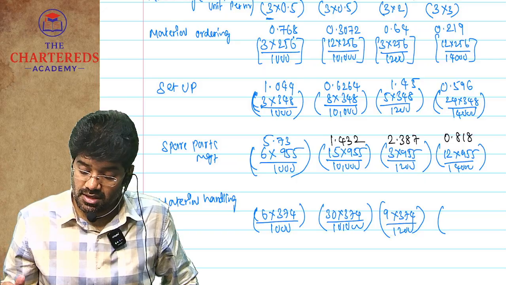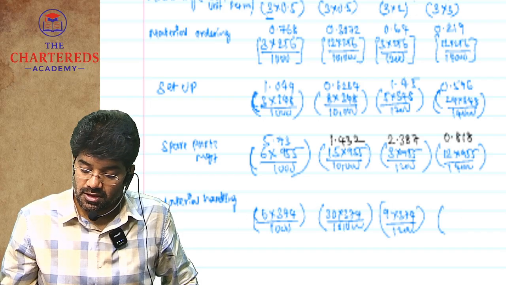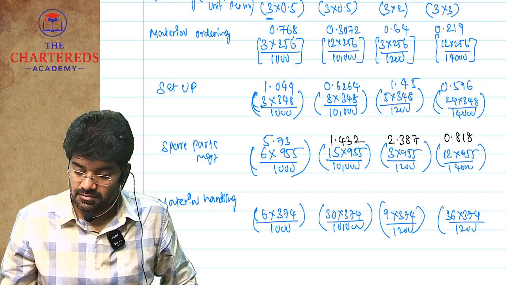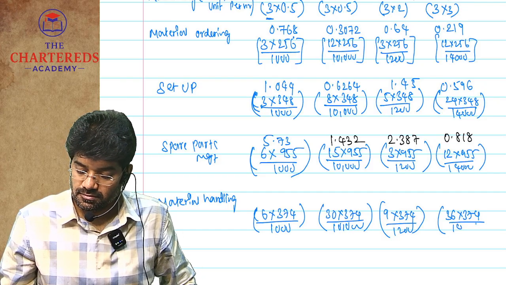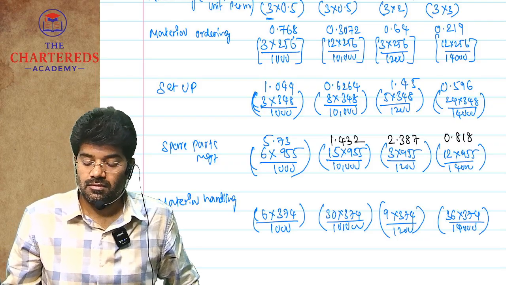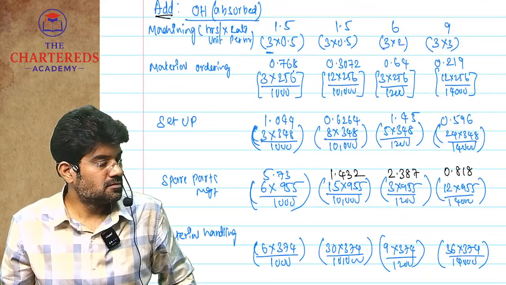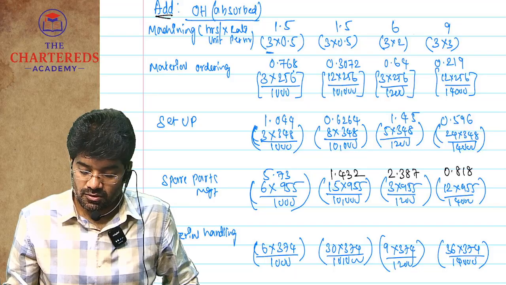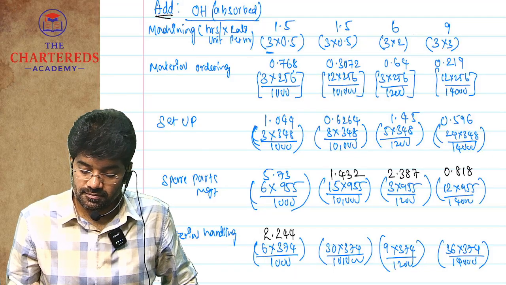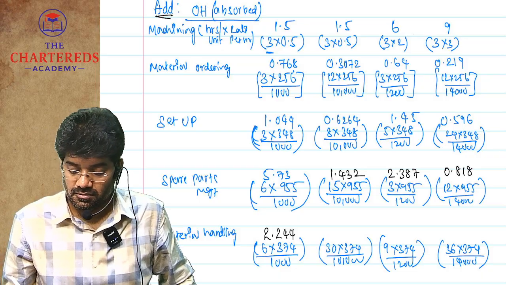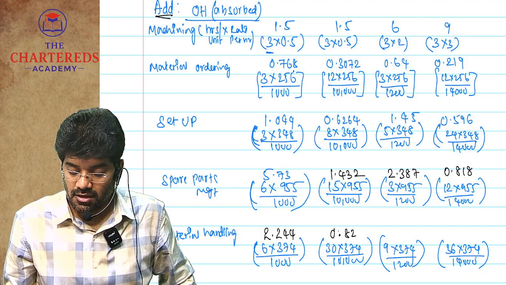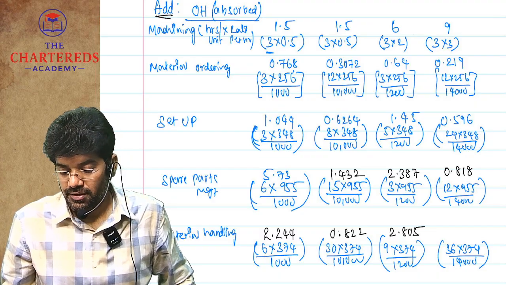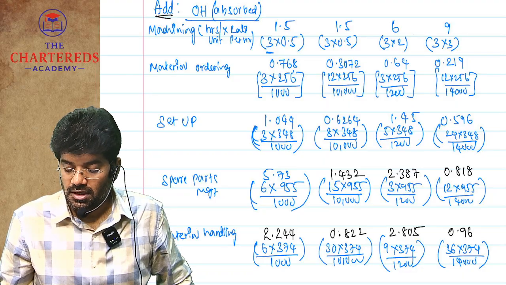Last one is 36. 36 into 374 divided by 14,000. 2.244. 0.822. 2.805. 9.617.